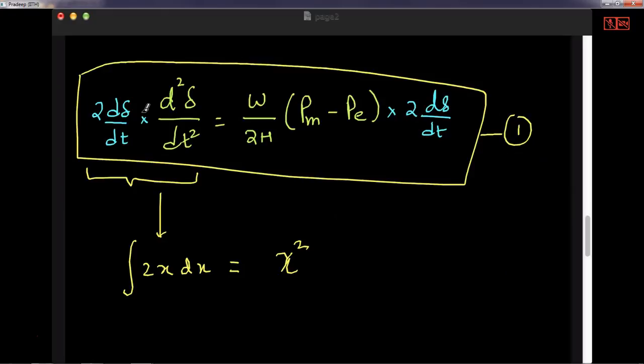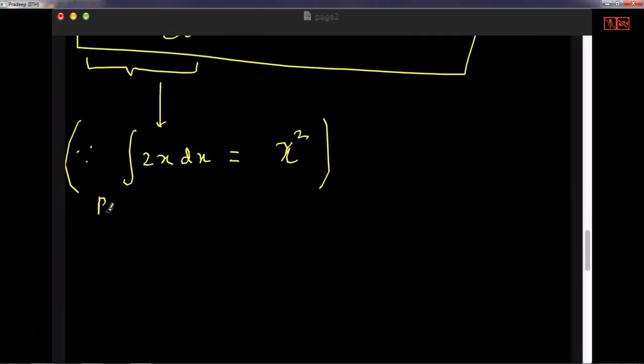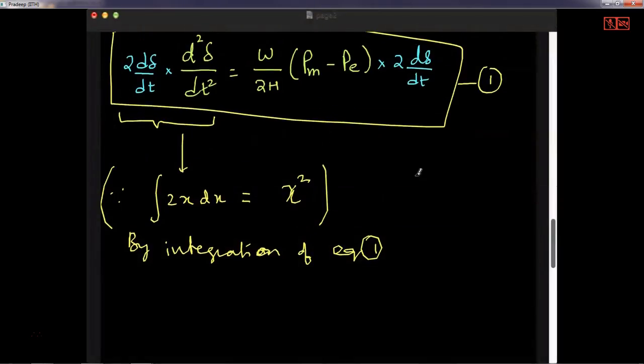In the place of x, I have d delta by dt. In the place of dx, I have the derivative of d delta by dt. So these two are very similar. So by integrating the left hand side, I'll actually get x square, that is d delta by dt whole square. So if I integrate this equation 1, this will become d delta by dt whole square.